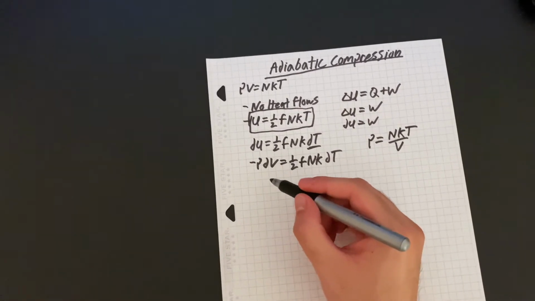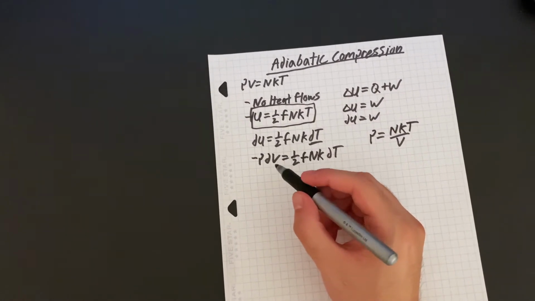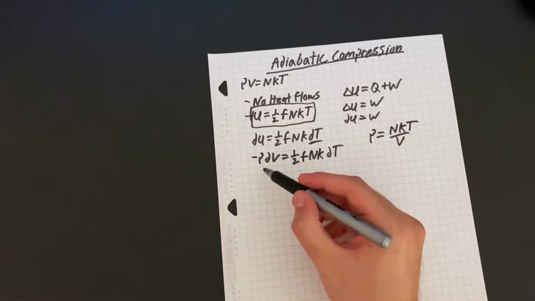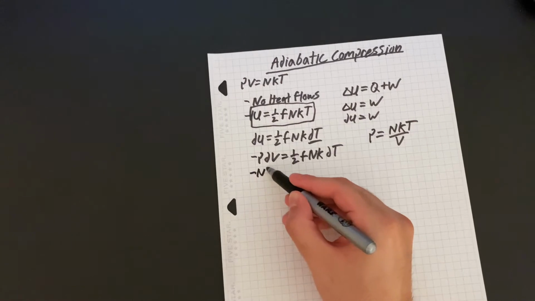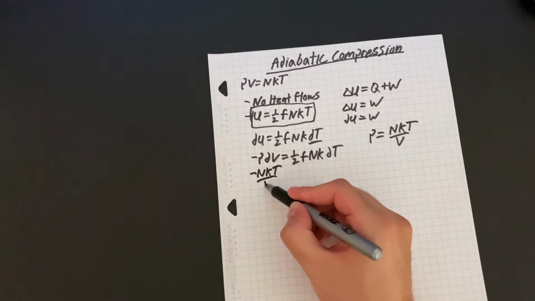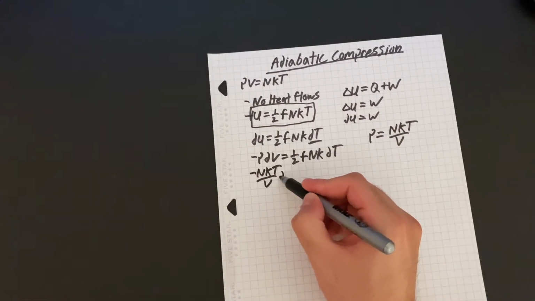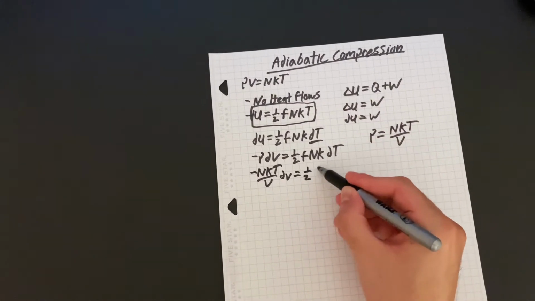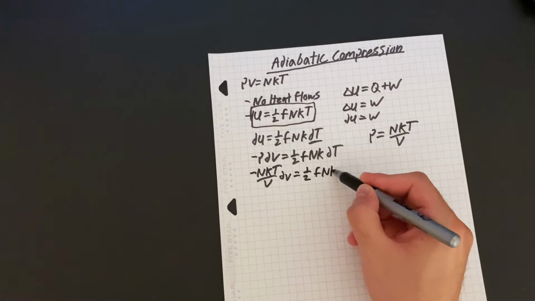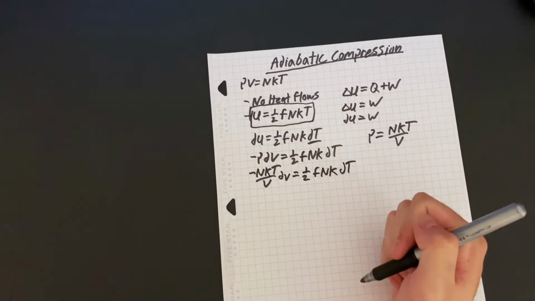So we end up with, well, I'll just write it out: minus NkT over V dV equals 1/2 F N k dT.